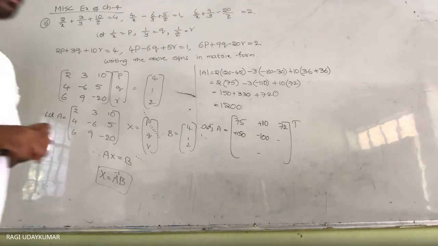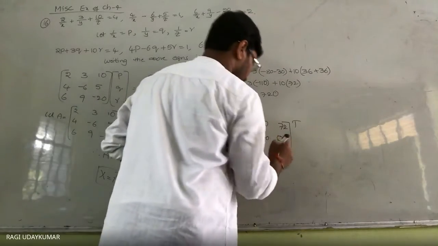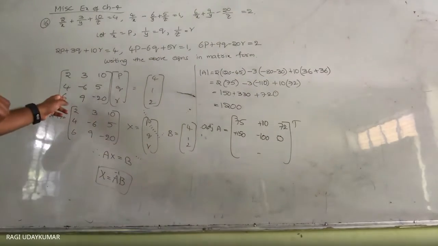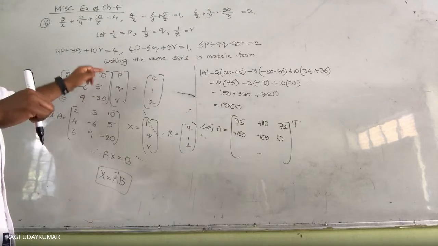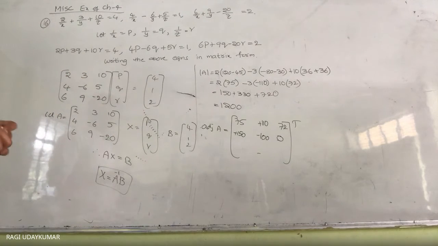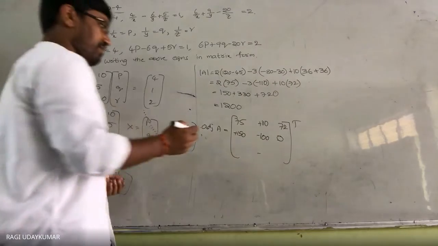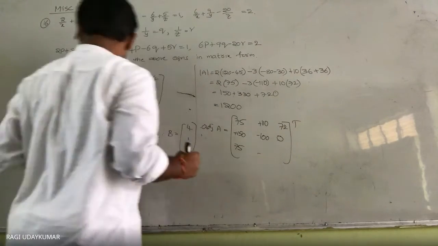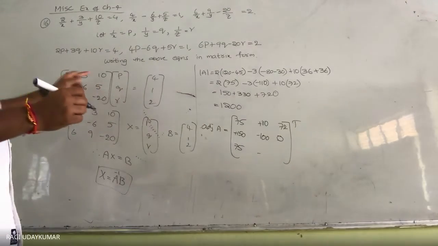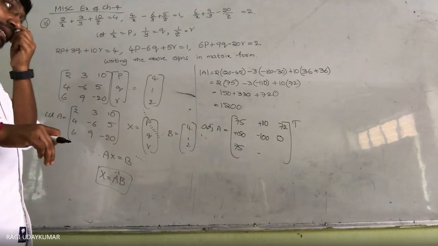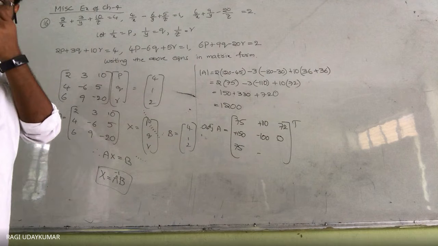We are going to get 0. Next for this 15 minus 60 plus 60. 15 plus 60, 75. For this 10 minus 40 minus 30, plus 30. Next, minus 12, minus 12, minus 24. You are going to get minus 24.